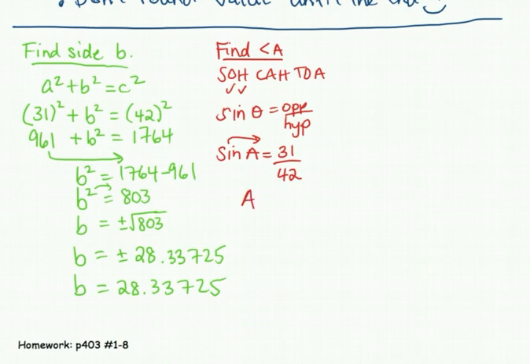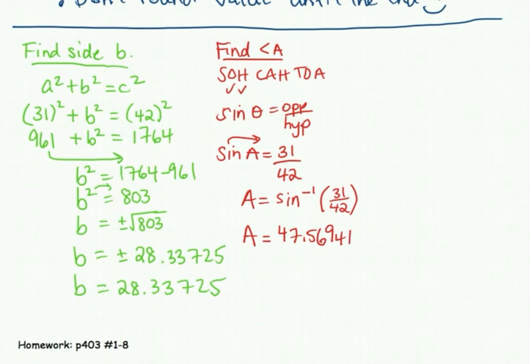And so that way I isolate A. And then when I move the sine, though, it becomes the inverse, the opposite operation, inverse sine. Okay, so again, make sure your calculator is in degree mode and take the inverse sine of 31 over 42. And you get the angle will be 47.56941.